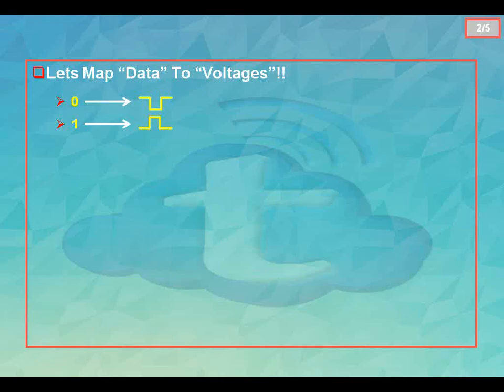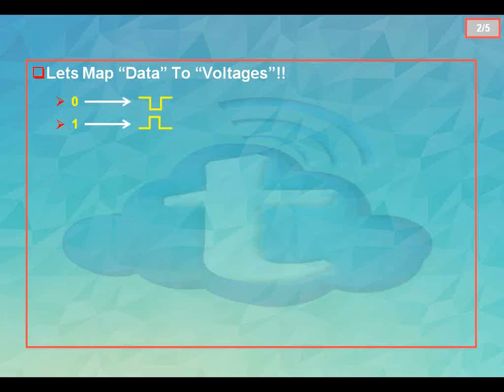What is the protocol right now? Binary protocol. What is the binary protocol? Positive voltage is 1, negative voltage is 0. That is the binary protocol implemented between the sending computer and the receiving computer.